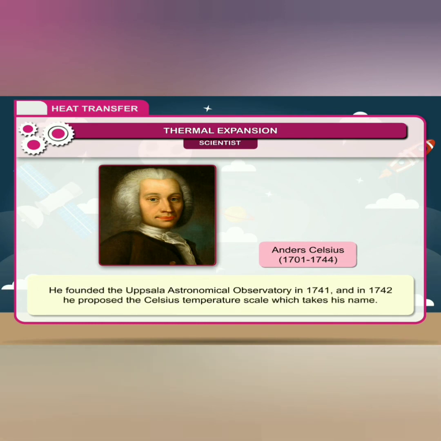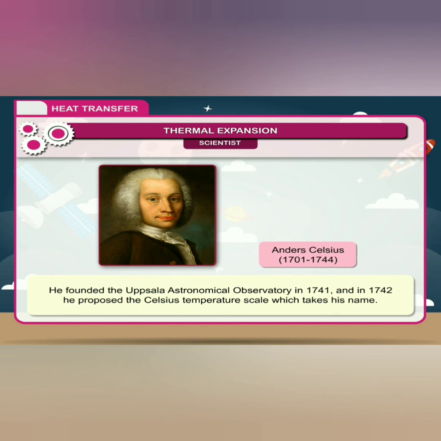He founded the Uppsala Astronomical Observatory in 1741, and in 1742 he proposed the Celsius temperature scale, which takes his name.